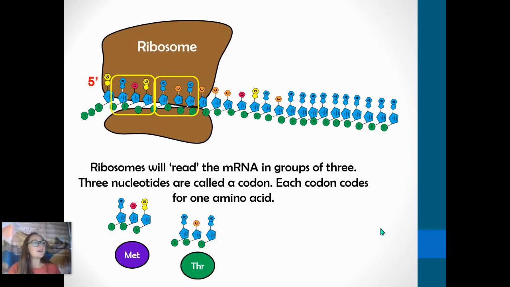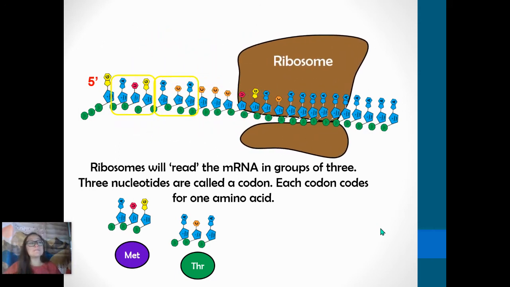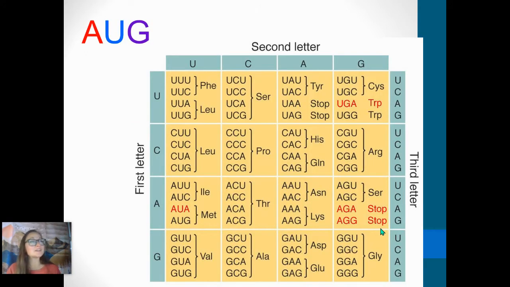Okay, so basically the ribosome is going to read the messenger RNA codon by codon by codon to know which amino acids to bring. So there's actually a table. This table is called the genetic code. And the genetic code's job basically is to tell us what each codon codes for, the amino acids.